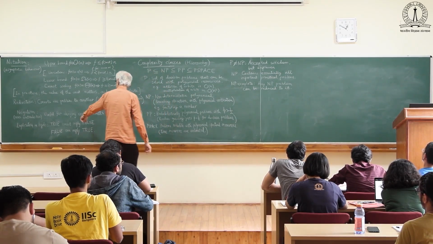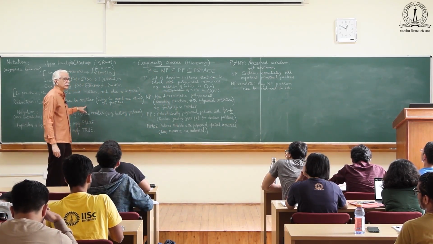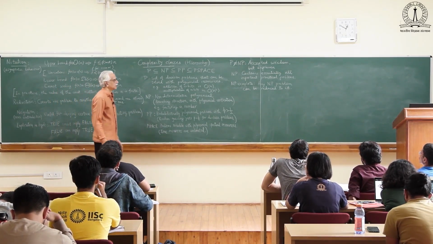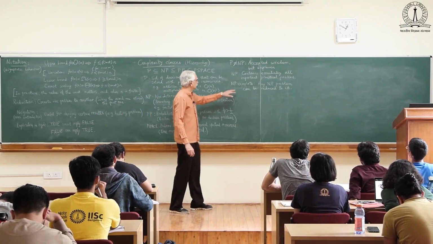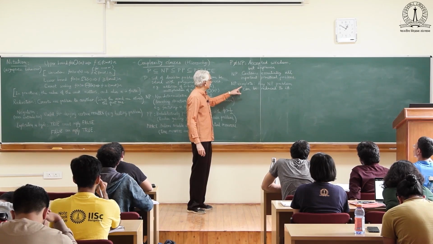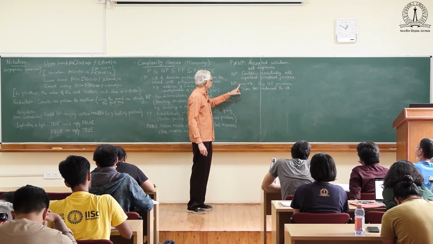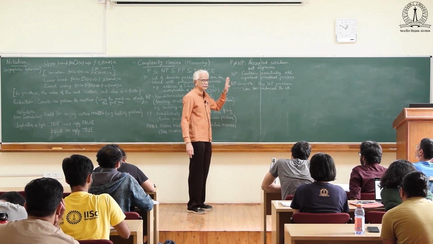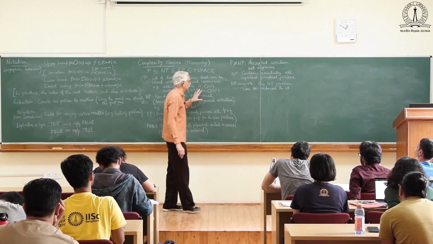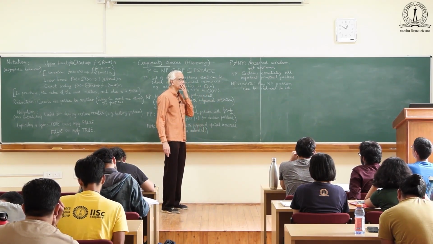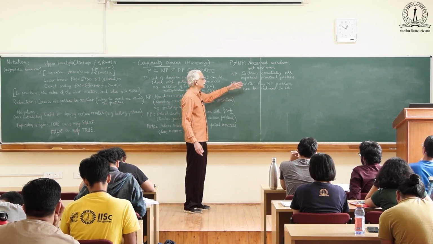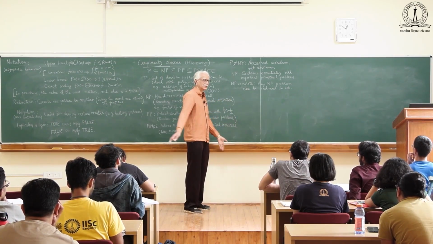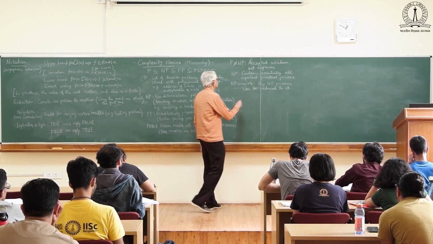Reduction in the sense which I pointed out earlier, that if you solve the reduced problem, you have solved all the other problems. And so in this particular case, it means that if you can solve an NP complete problem, you have solved all NP problems in one go with the same amount of complexity. And then these are, in some sense, the hardest of the problems, because if you solve that, you solve the whole collection.